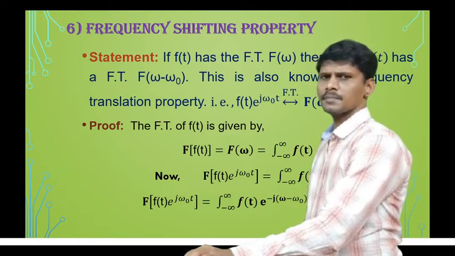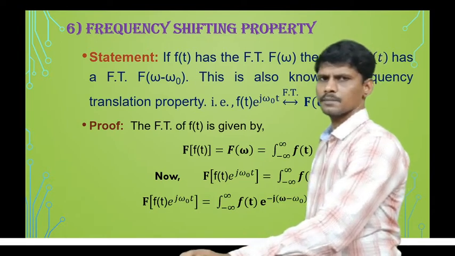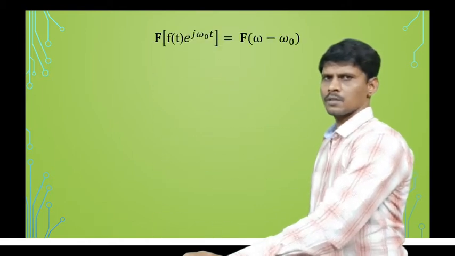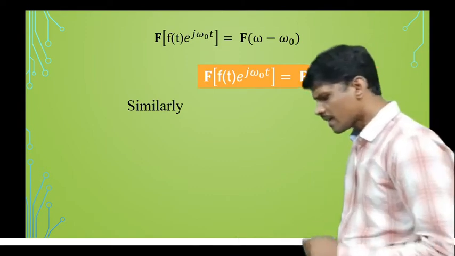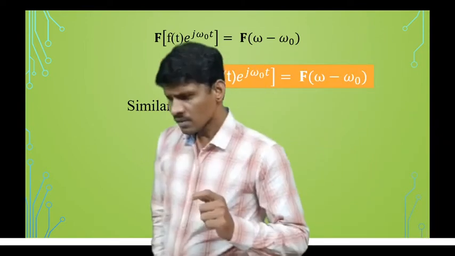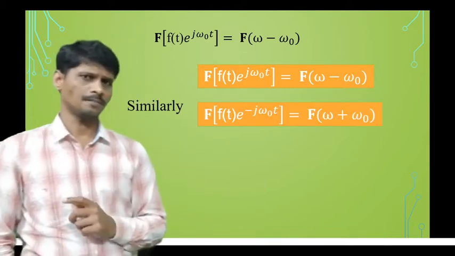Similarly, the Fourier transform of f of t e power minus j omega naught t, the value is F of omega plus omega naught.